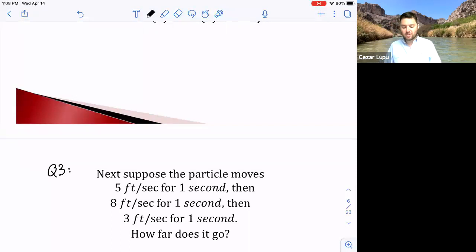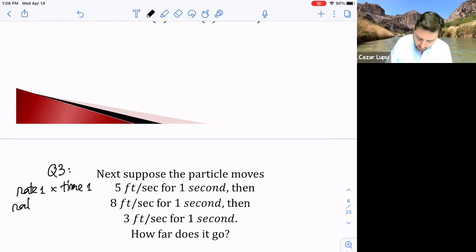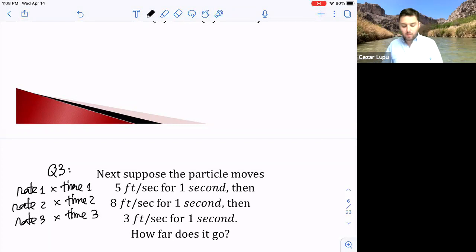Exactly, 16. So again, this will be rate 1 times time 1, this is rate 2 times time 2, and this is rate 3 times time 3. So we're going to add up these three.